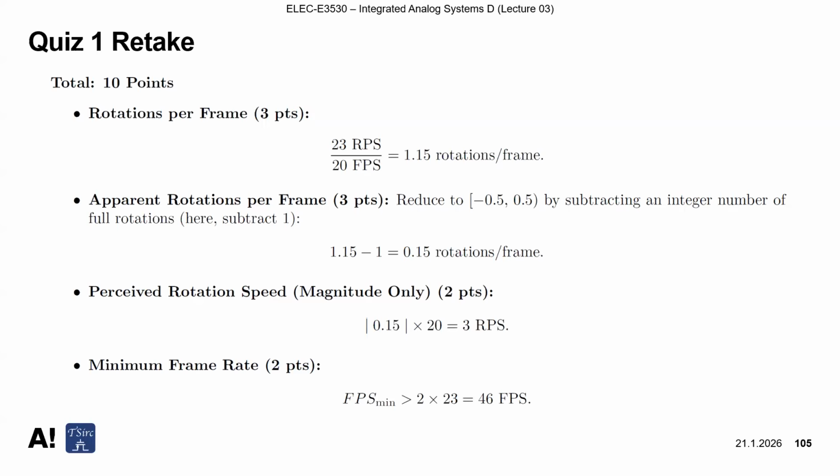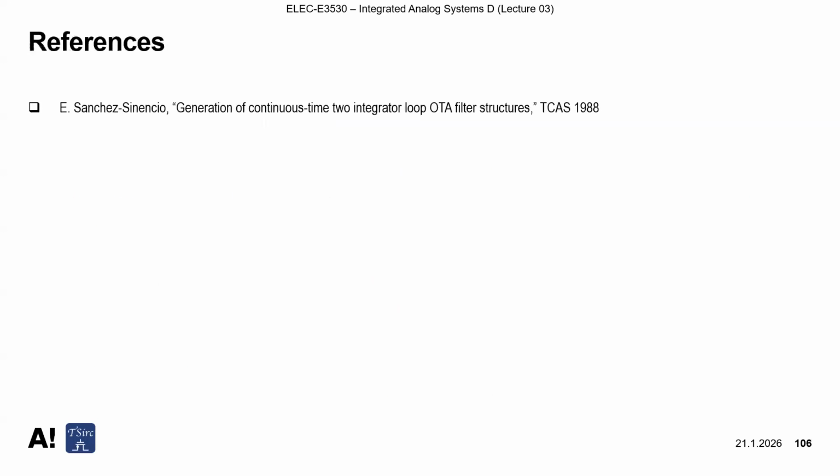And then by multiplying this with frames per second, which is described here, we get 3 RPS. This is the perceived or apparent rotation speed, and the minimum frame rate is defined here because our highest frequency is 23 RPS. So this is the answer.